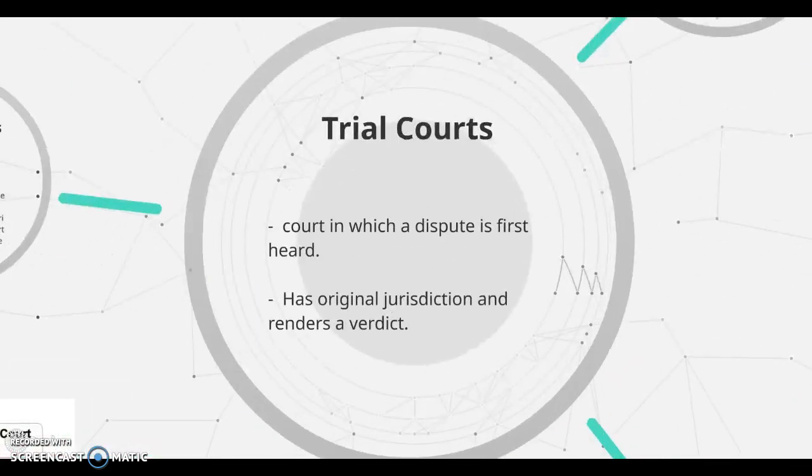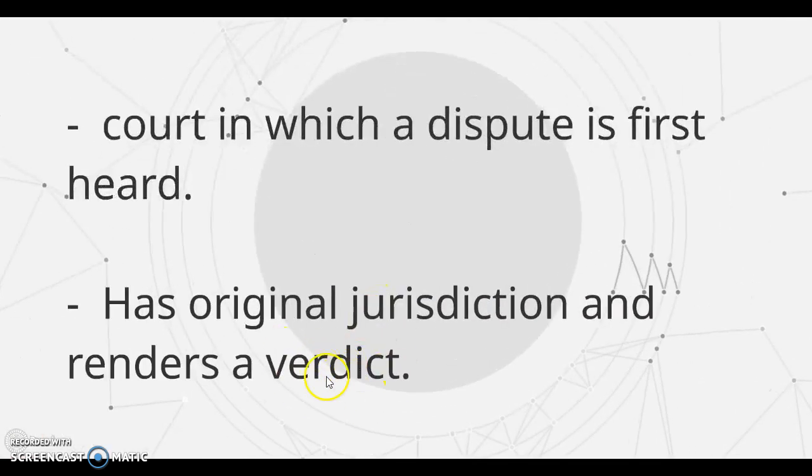Let's look at litigation, and we'll look at the court system. When you hear the term trial courts, this is where a dispute will go before a court. This is where cases are first heard. These trial courts have what's called original jurisdiction, meaning that they hear the case for the first time, and then they render a verdict.